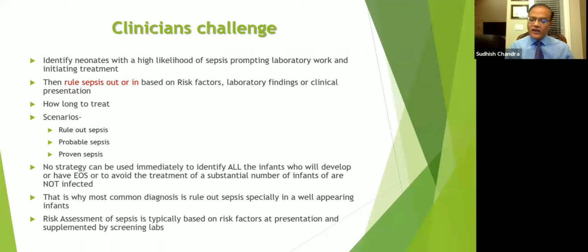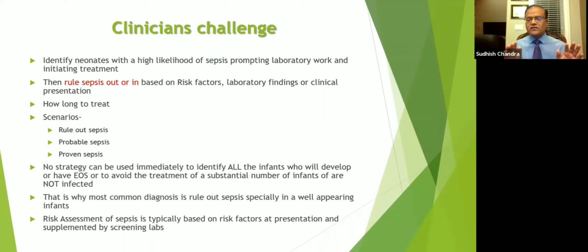So we have a baby with rule out sepsis. After that, we will do their labs, clinical scenarios and risk factors and label them. Either we have ruled the sepsis out, then we call it sepsis ruled out, or probable sepsis, in which the culture is negative. However, the baby had clinical presentation and laboratory findings which were strongly suggestive of infection.